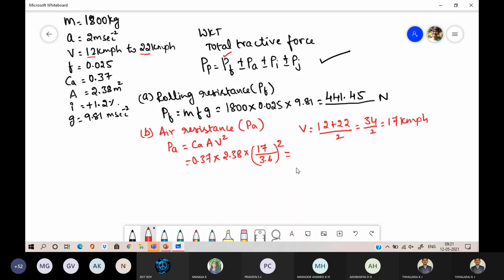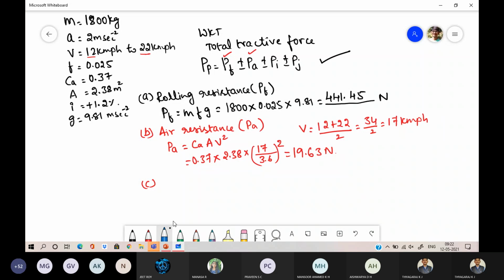Calculate the air resistance. You will get 19.63 Newton. Then PA is completed.